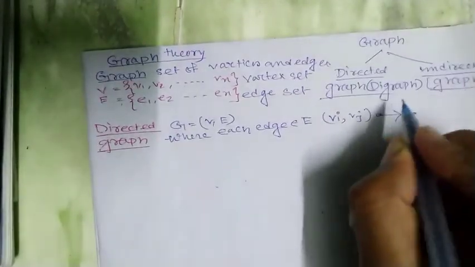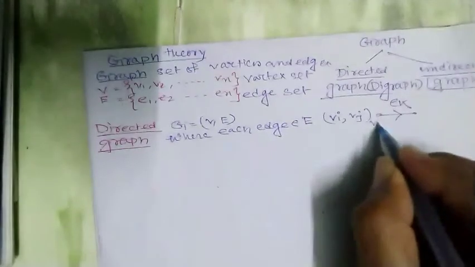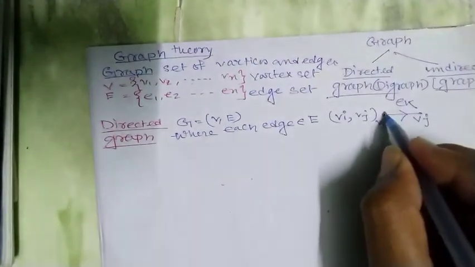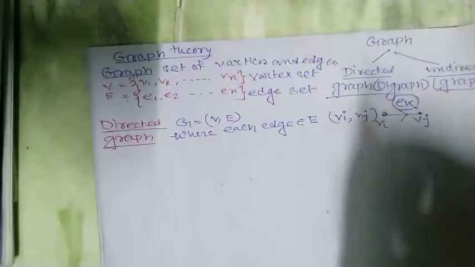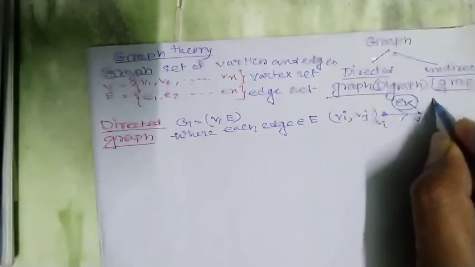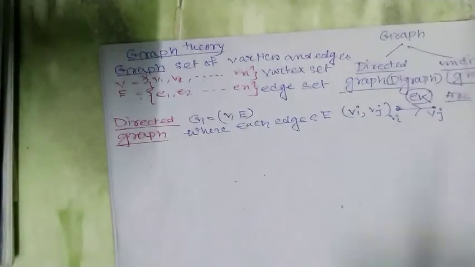Like this is the edge Ek between Vi and Vj. So this is vertex Vi and this is vertex Vj and this is the edge Ek, and we can call this edge an arc.